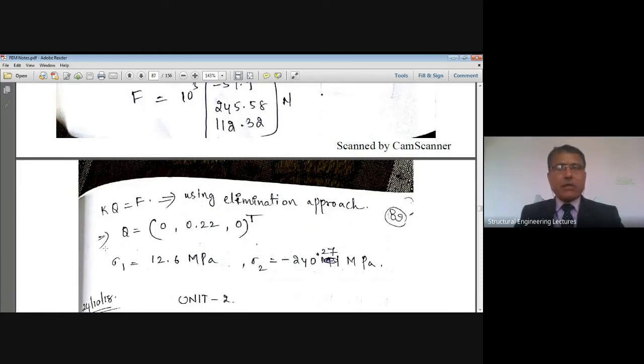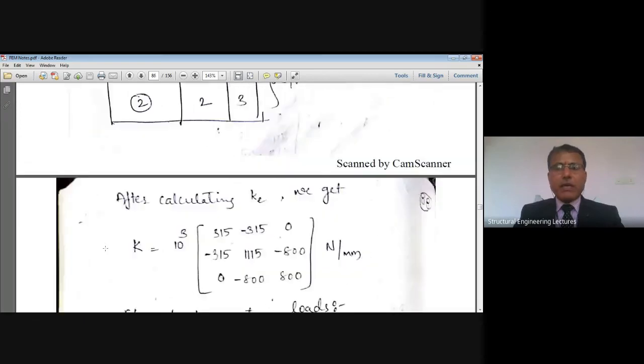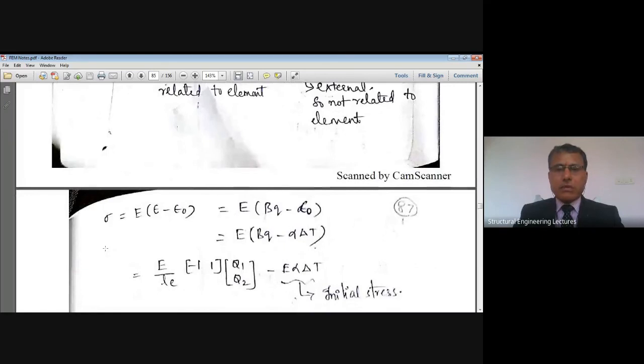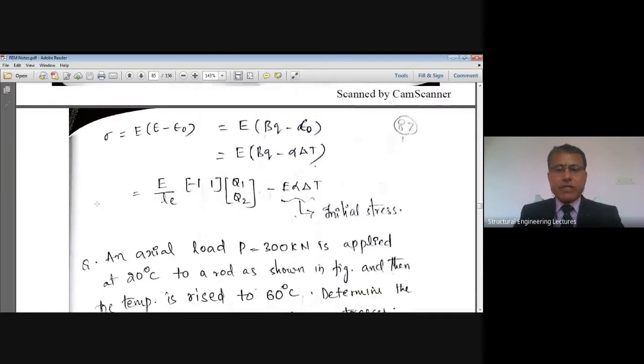Therefore, sigma is equal to E multiplied by epsilon. For this problem, sigma is given by the relationship E divided by LE multiplied by minus 1, plus 1, times Q1, Q2. By this time I already know Q1 and Q2 for the first element. I'll substitute that and get the stress, from which I'll deduct E multiplied by alpha multiplied by delta T, the initial stress, which is a constant.